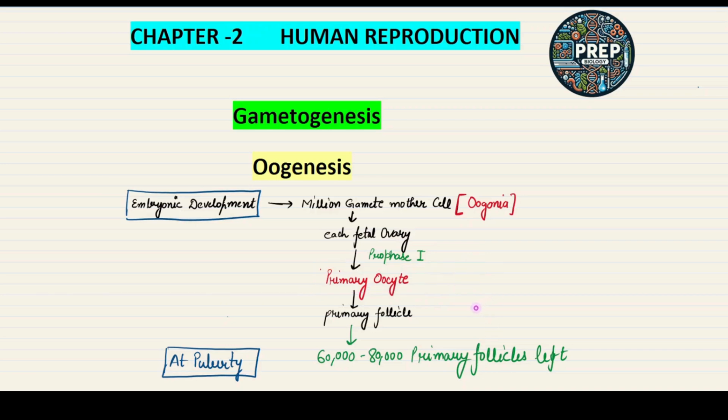I hope this is clear to you all. Now understand it carefully. If this is the primary oocyte, after some time, around the primary oocyte, a layer of granulosa is formed, and that structure is called the primary follicle.